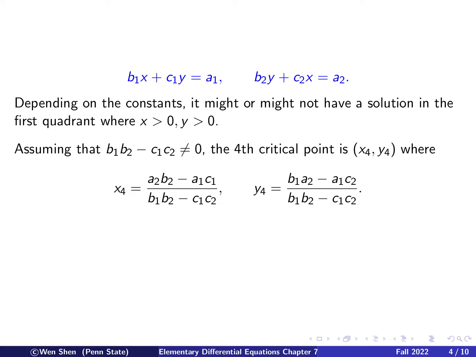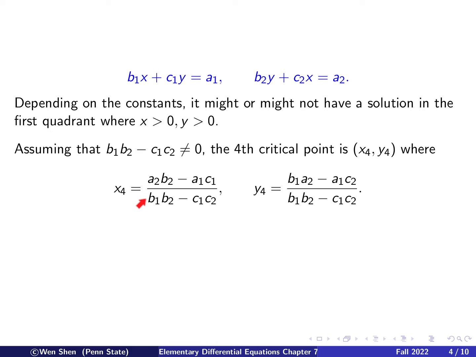Okay, so we know how to solve such a system theoretically. So if the determinant b1 b2 minus c1 c2 is not 0, then we know that there is one and only one solution which we can write out theoretically. It takes this form, the solution for x and the solution for y.